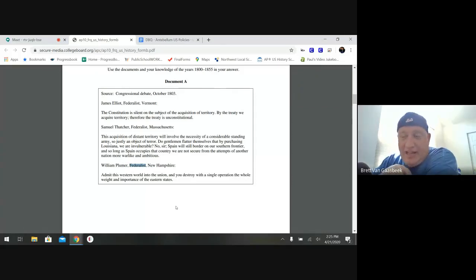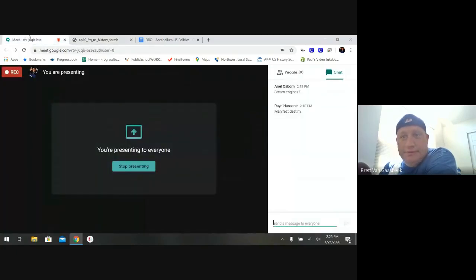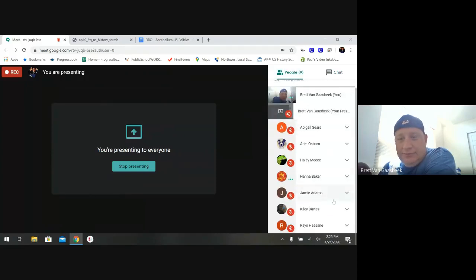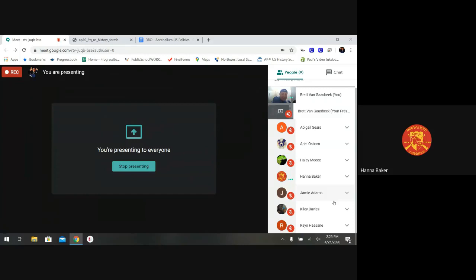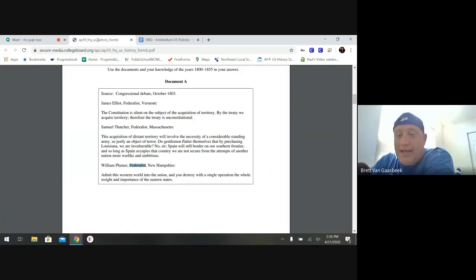This is stuff you need to know on the fly if you're going to write these essays. There were Federalists in there. Were they Jeffersonian Democrats at the time? Okay, Democratic Republicans or Jeffersonian Democrats. Yes, either way. Federalists versus Democratic Republicans.